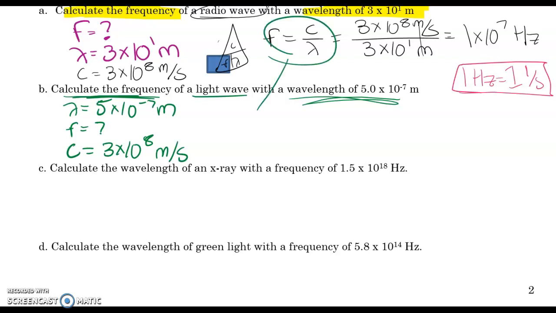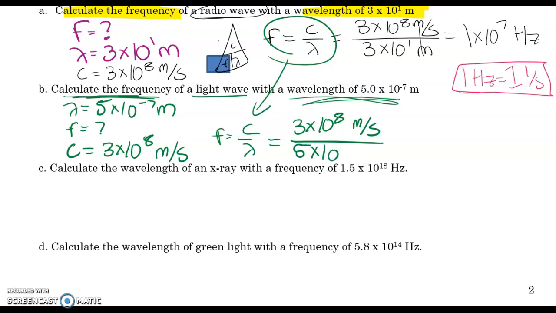We can pull the same equation down here: frequency is c divided by lambda. Substituting, 3 times 10 to the 8th meters per second divided by 5 times 10 to the minus 7 meters comes out to 6 times 10 to the 14 hertz.